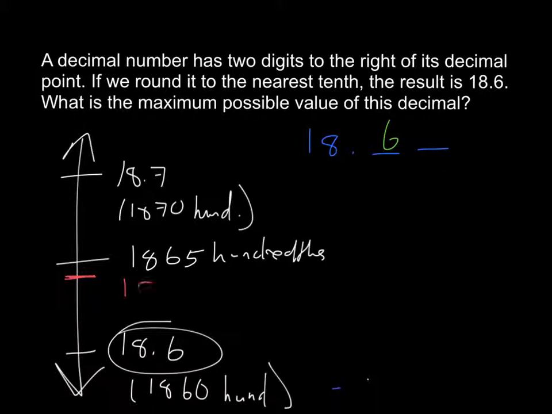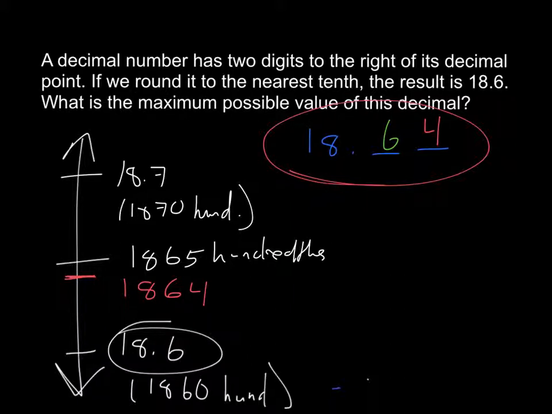So we have 1,864 hundredths, which gives us 18 and 64 hundredths as our maximum possible solution. Anything greater than that, we would be rounding up to 18 and 7/10. Using what we already know, let's try to solve the next problem.